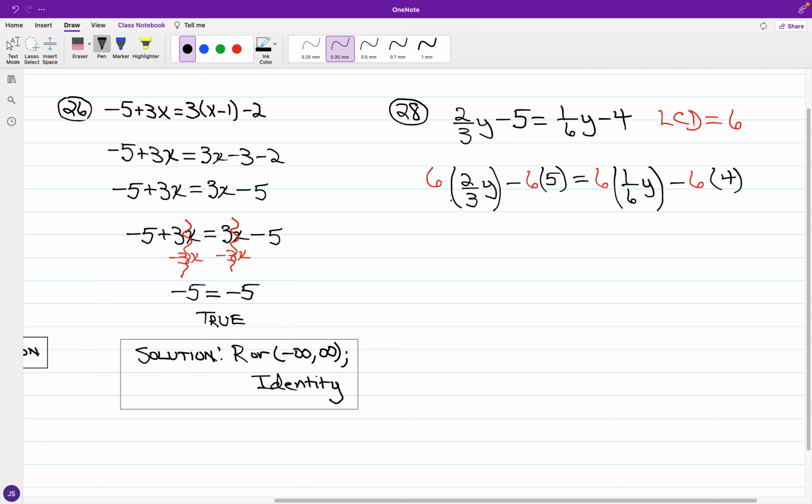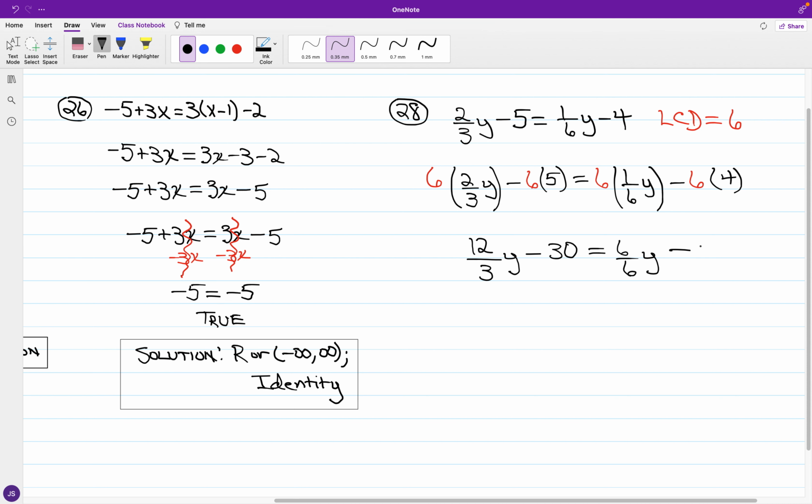For the first product, you can go ahead and reduce along the lines of cross multiplying. I'm just going to extend this a bit. Think of 6 as 6 over 1 times 2/3 of y, that would be 12/3 of y, minus 6 times 5, which would be -30. 6 times 1/6 of y will be 6/6 of y, which will go to y.